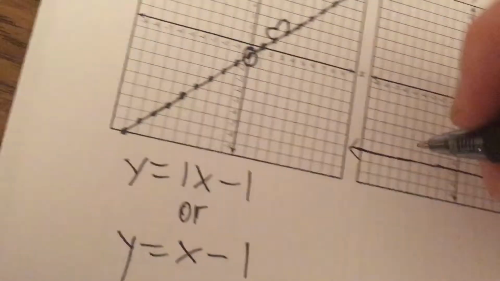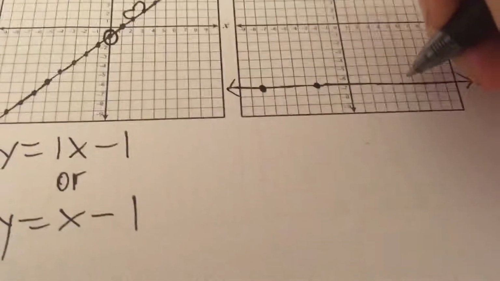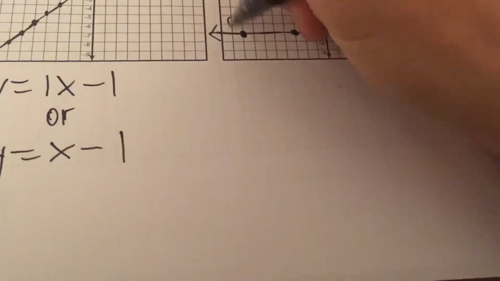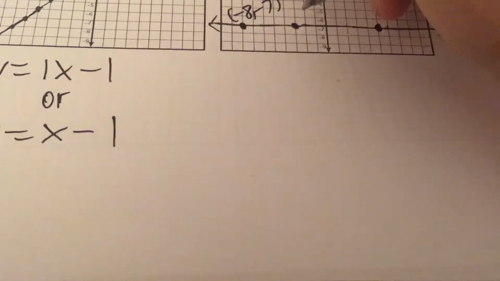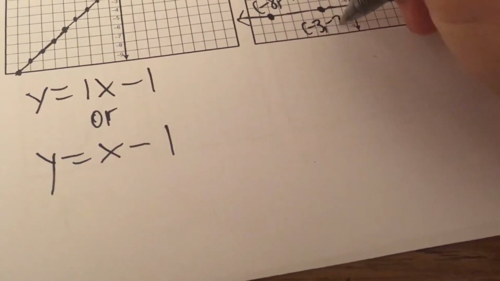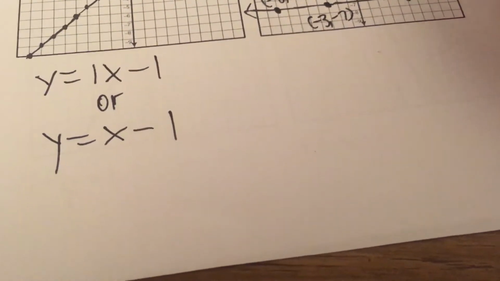Now, if you ever forget, is it y equals or x equals, some of you might have looked back on the last page, but eventually you won't have that last page with you when you're taking a test. So there's a way to remember if you forget, and that is to choose 3 random points. This is the point -8, -7. This is the point -3, -7, and this is the point 5, -7.